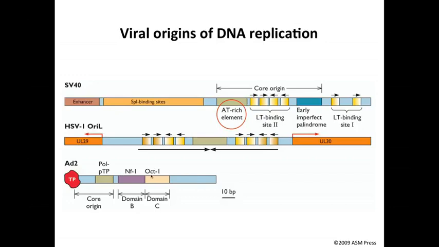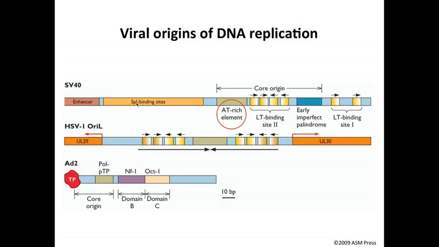But next to these origins, in all three cases, there are binding sites for transcriptional regulators. And indeed, in the herpes simplex origin, there are transcription initiation sites. So here in the SV40 origin, there are binding sites for a transcription factor called SP1.